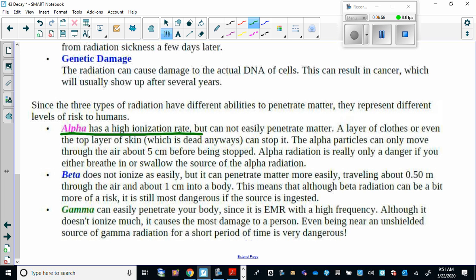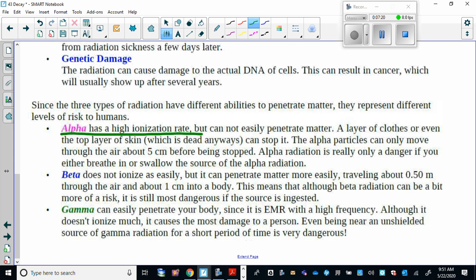An alpha particle has a high ionization rate but cannot easily penetrate matter. So a layer of clothing will protect you from an alpha particle, but it can ionize. In other words, it can take the electrons out of particles. Alpha radiation is really only a danger if you either breathe it in or swallow a source of alpha radiation.